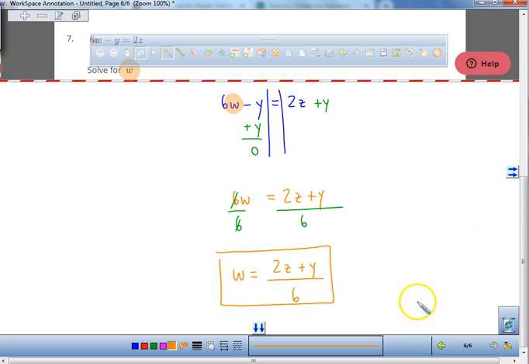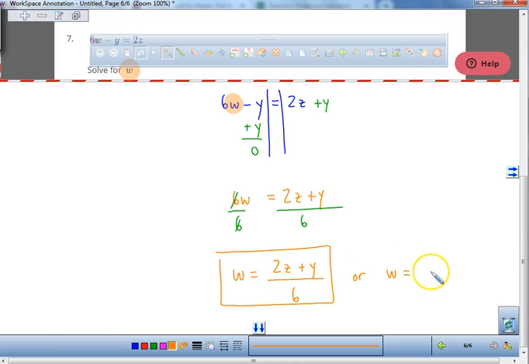Now, if I wanted to confuse students and make sure that they really had to know stuff, here's what you'd have to do. Ready? I'm going to put or. Or W could equal, does anybody know what 2/6 reduces to? Right, which is the fraction 1/3.